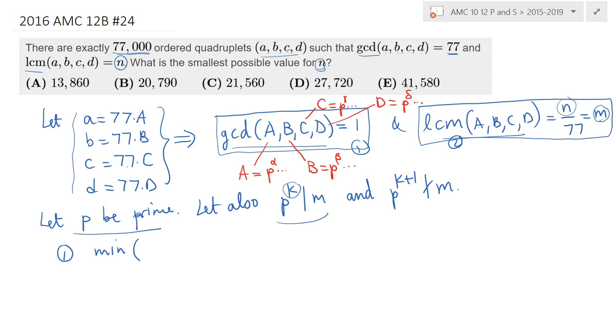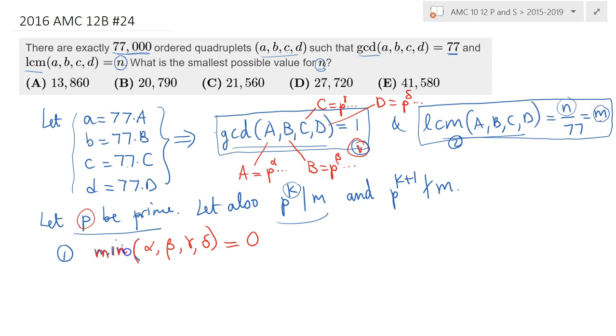So in its prime factorization, the power of p, that same prime p, for A would be alpha and so on. From this first condition, the minimum of these four numbers, alpha, beta, gamma, and delta, obviously has to be 0. Why is that?